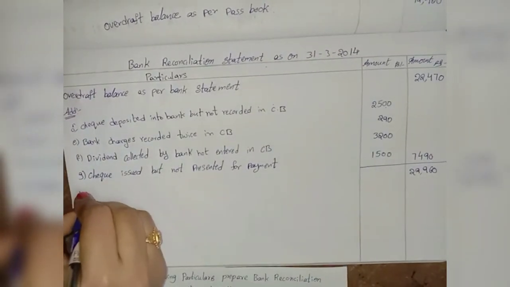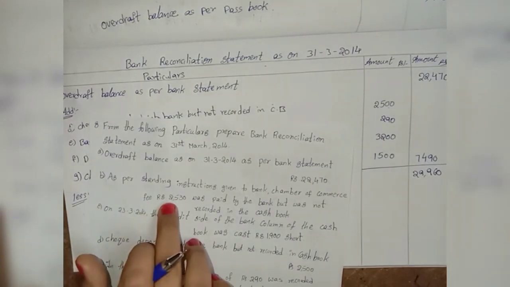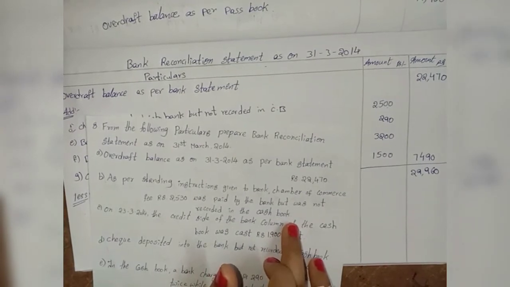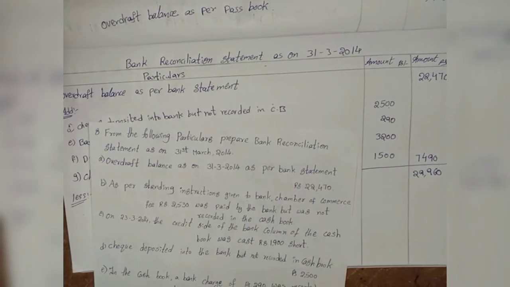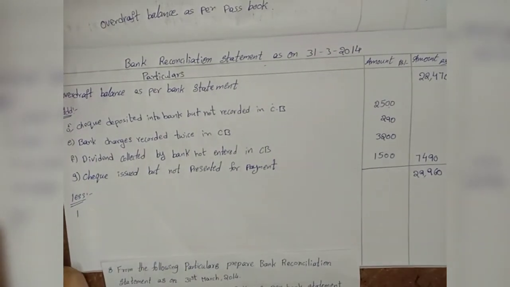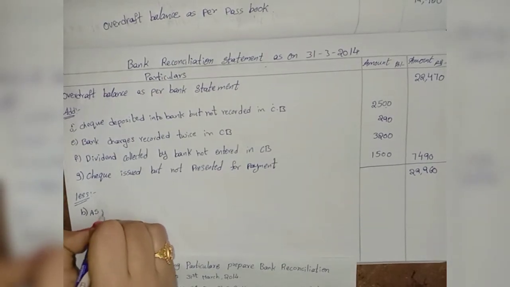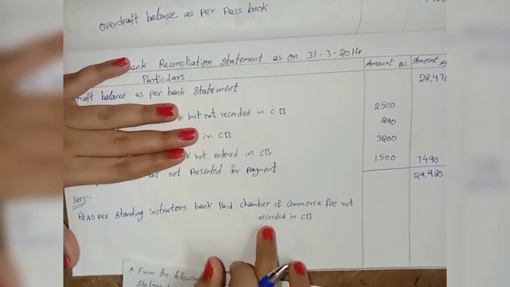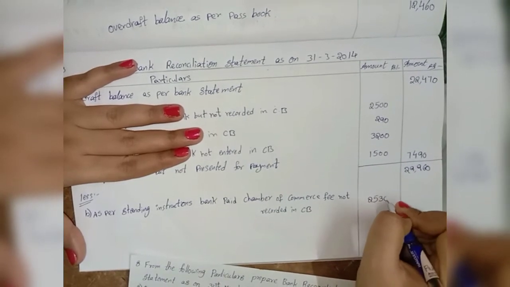Now less. As per the standing order given to the bank, the Chamber of Commerce fee of 2,530 was paid by the bank but not recorded in the cash book. The bank paid, so it is on the debit side of the passbook. According to this sum, the debit side has a minus symbol. The amount is 2,530.